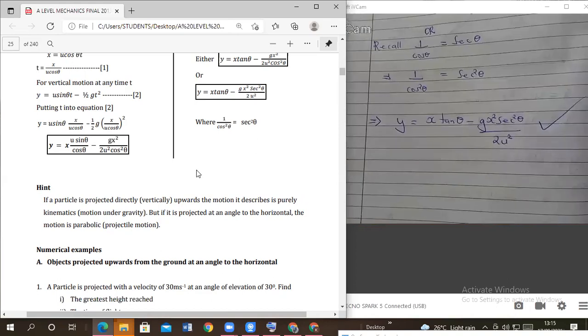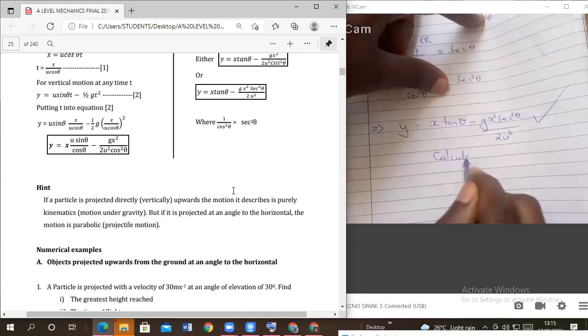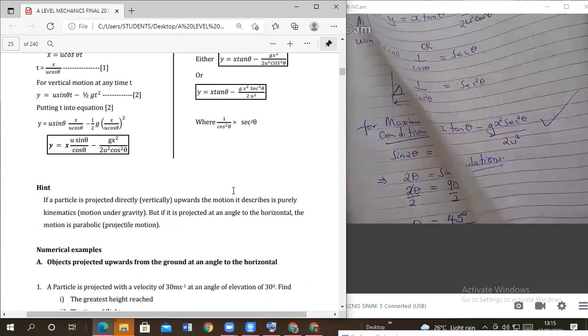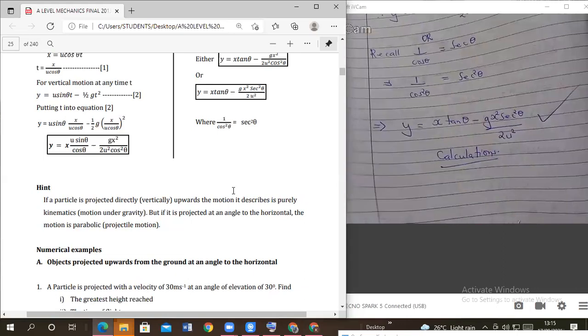It's clear, right? Yes. All right. So now, the only thing left is calculations. Be very careful with these formulas. They may ask you to derive them.